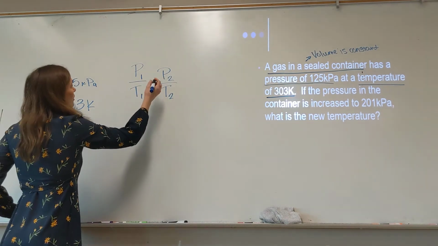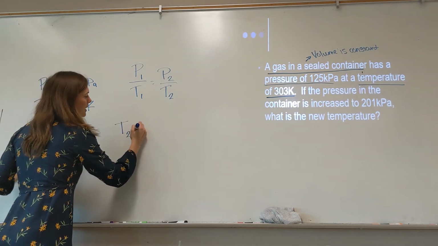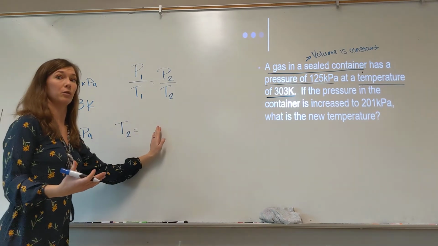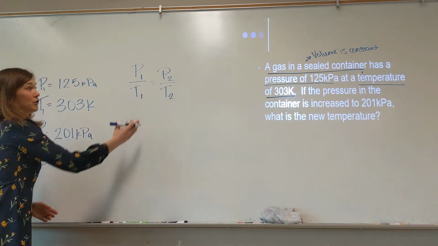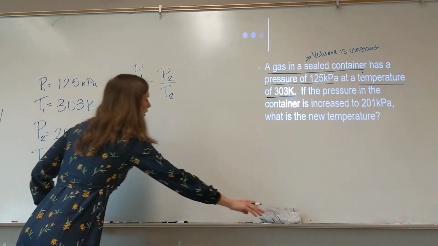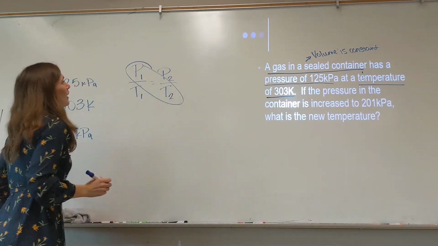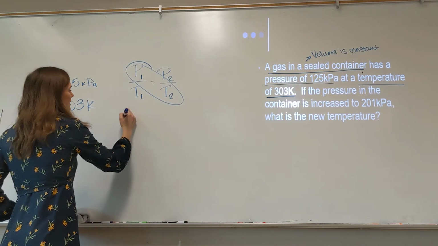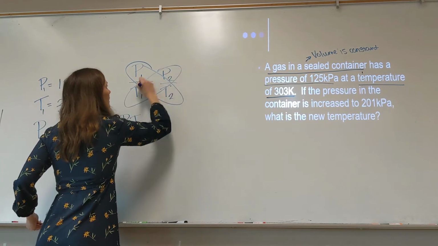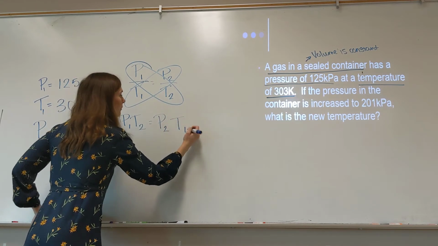Okay, so what I do is I cross multiply. We are solving for T2. So remember, if I'm solving for T2, I need T2 on the top, which means that I need my answer to say T2 equals something. Right now I have T2 on the bottom, which is not working for me. So I cross multiply: P1 multiplied by T2 is equal to P2 times T1.